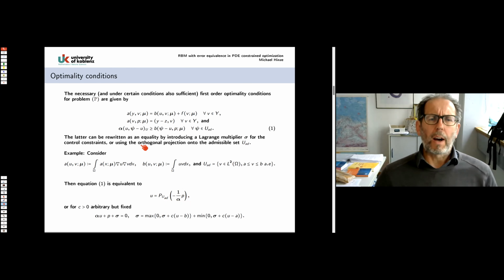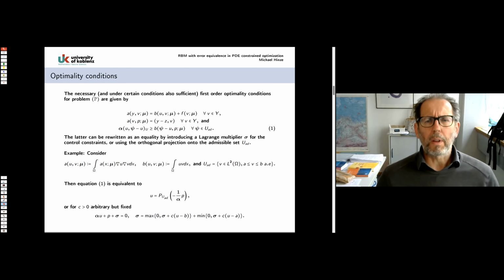But one may also rewrite an inequality like this with a complementarity function, as an equality, as I have depicted it here. And this is frequently used also in the numerical literature related to problems like this.